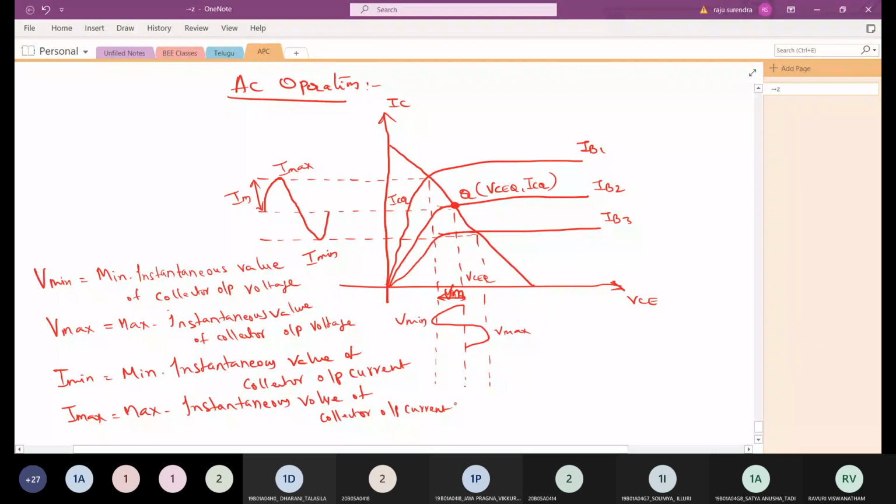And now Vm is equal to peak value. How can we represent the peak to peak value?